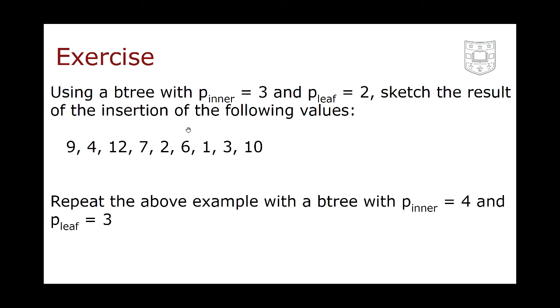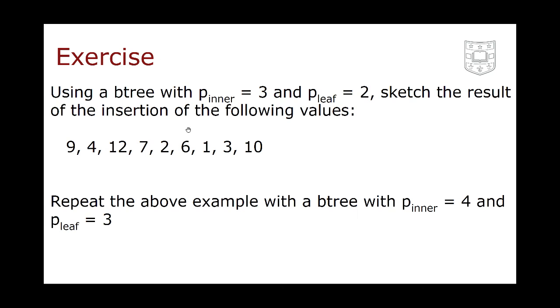So 4 children being the same as the degree number, right? The degree number tells me the maximum number of children that an inner node can have. In this case, 4. What about the minimum? It'd be 4 over 2, which is 2. So it has to have at least 2 children, can have up to 4, right?